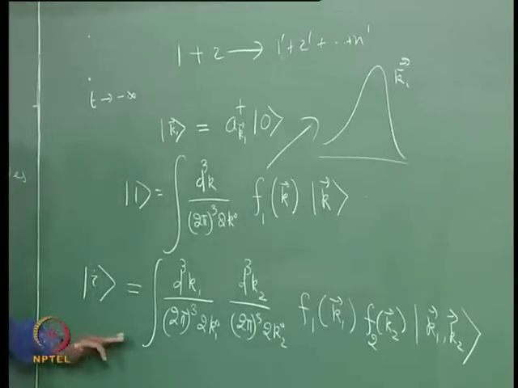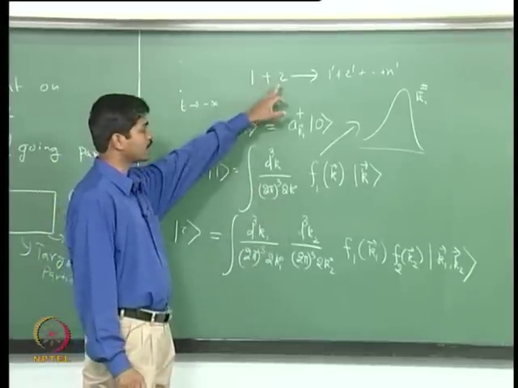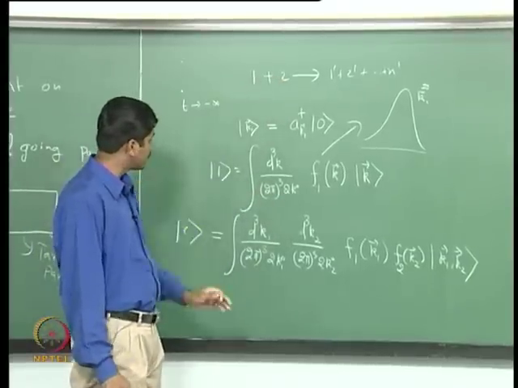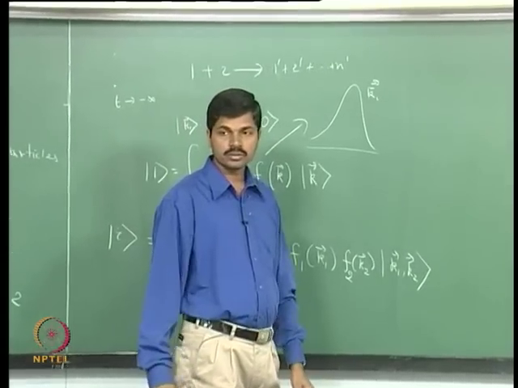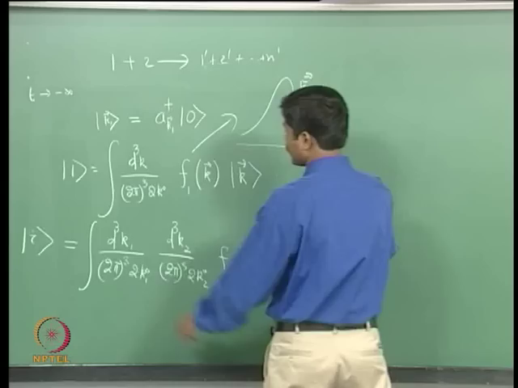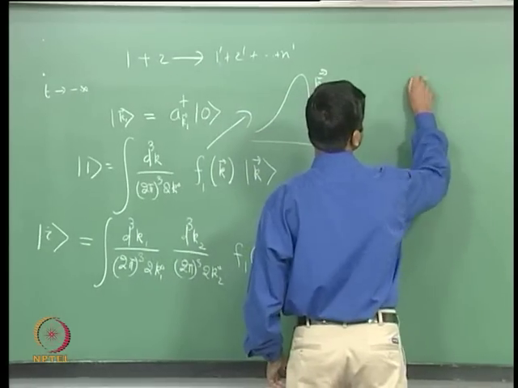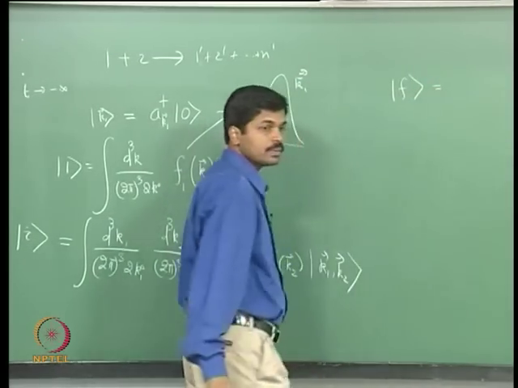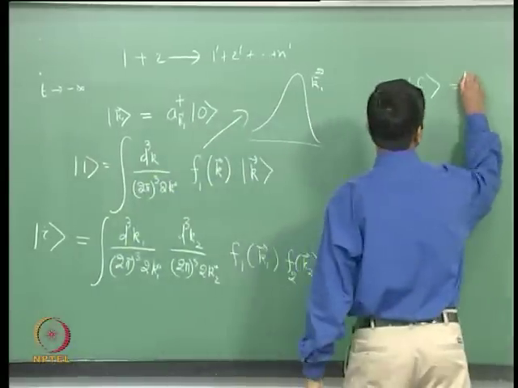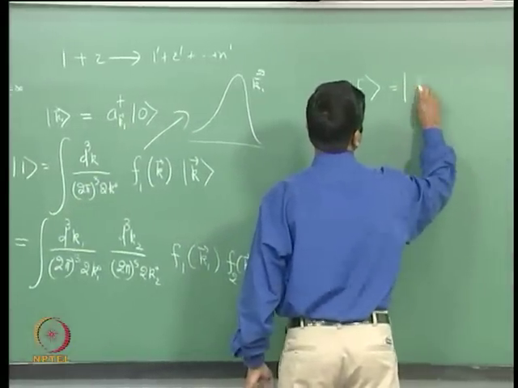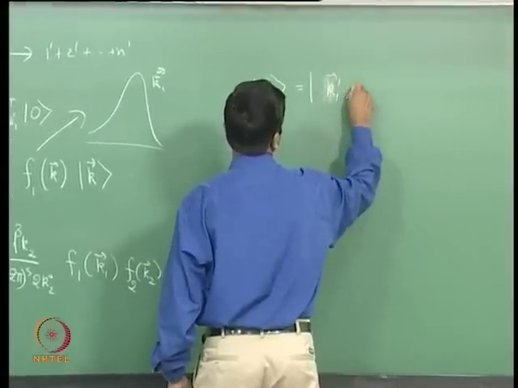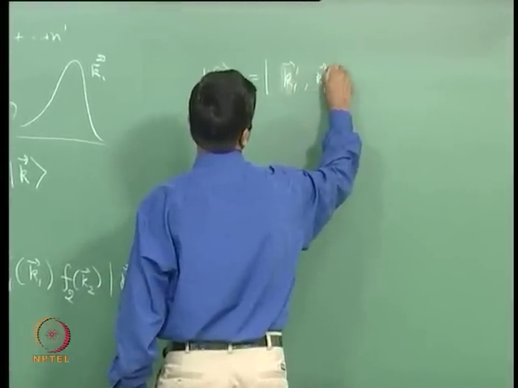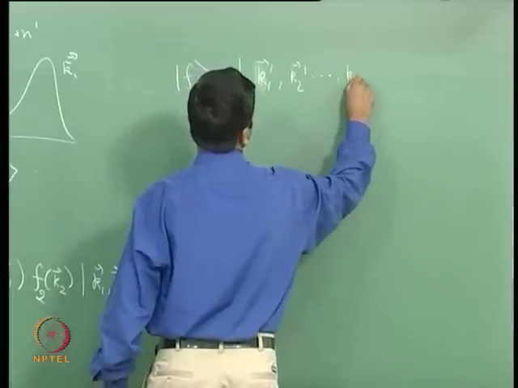So, this state evolves, and both the particles interact at some finite time, and then what you would like to know is the probability amplitude for this state to evolve to some final state, which I will call f, which has some momenta k1 prime, k2 prime up to kn prime.